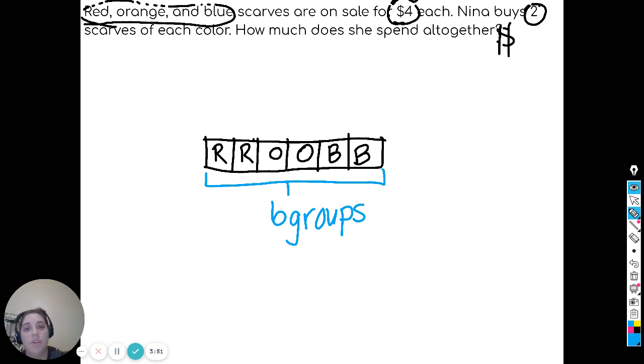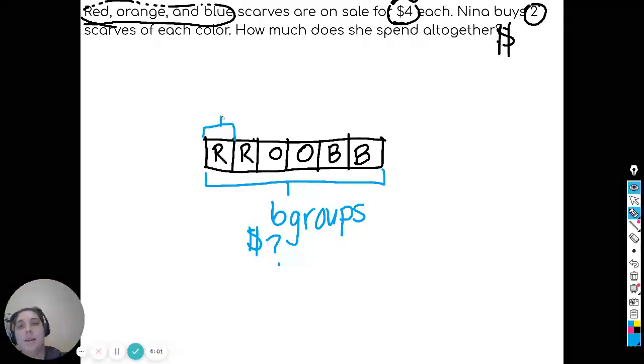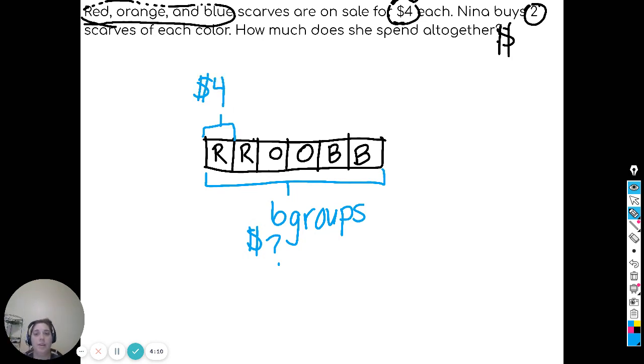Right now, we do not know how much money she spends total. But we do know that the size, or how much each scarf costs, is $4. Okay, so there's our equation right there. Now we don't know the total.